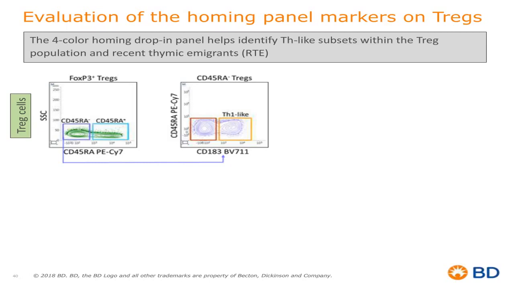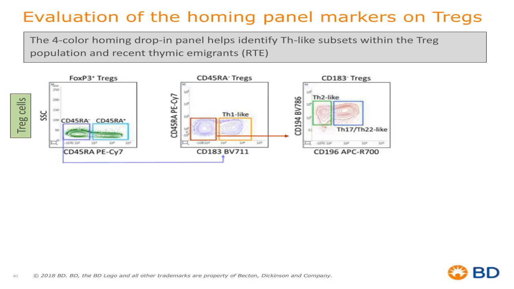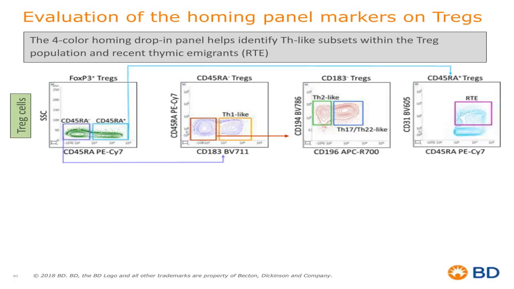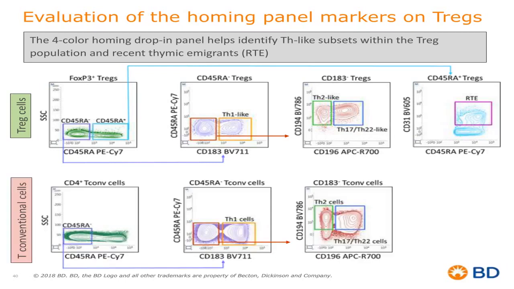From there, we can look at our TH1-like cells for CD183 expression, and our CD183 negative cells, we can look at CD194 and CD196 expression to define our TH2-like and our TH17, TH22-like T regulatory cells. And we can also take the CD45RA naive, mature T cells and then look for CD31 expression for our recent thymic emigrants. And we can compare this to conventional T cells.